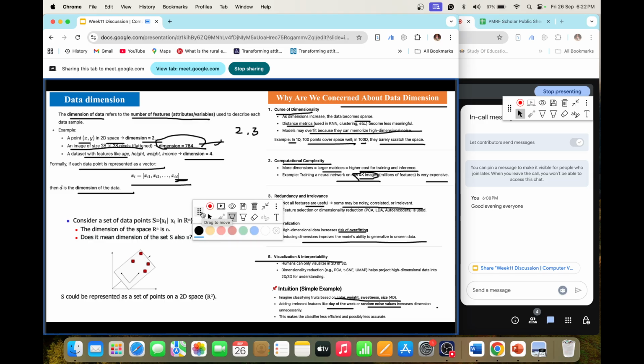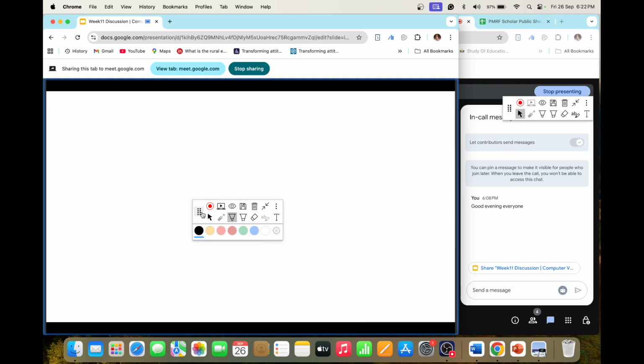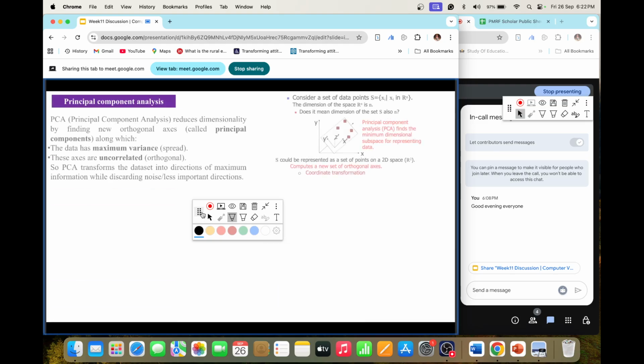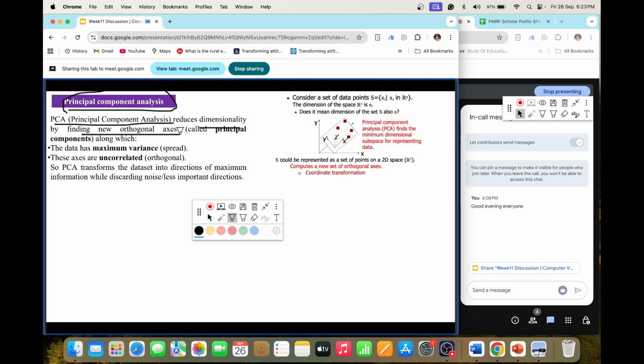So now our idea is to decrease the dimension of data. How do we do it? We have a popular dimensionality reduction technique known as principal component analysis, PCA. So what is this PCA? It reduces the dimensionality by finding new orthogonal axes.